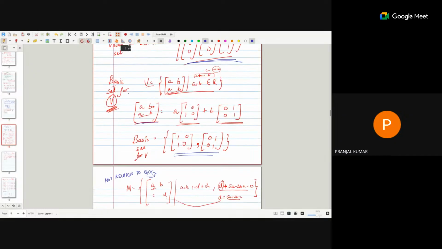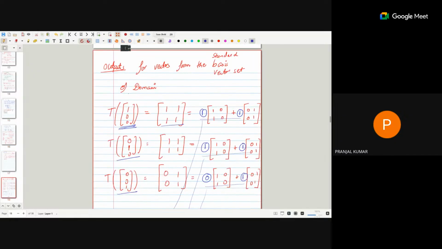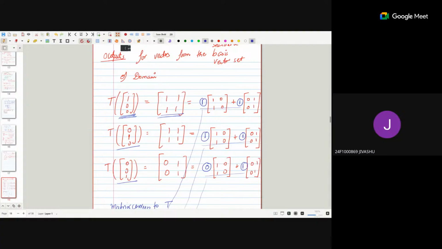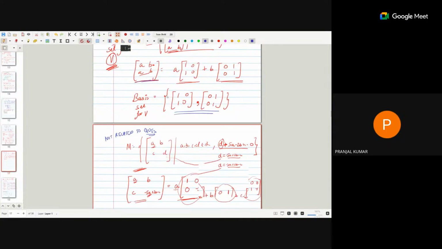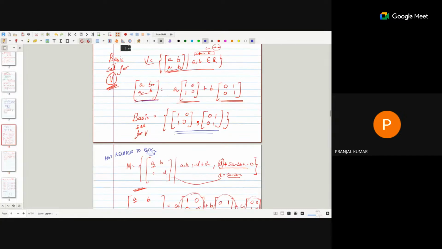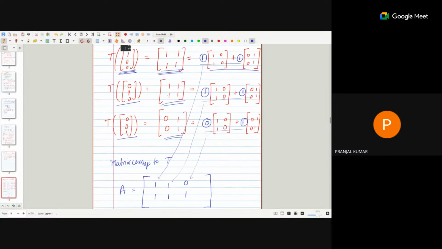Are you getting this? Okay. Yes, sir. These are the images. Now I am expressing these images as a linear combination of the basis vectors for the codomain. See, what we found for the codomain were these basis vectors 1 1 0 0 0 0 1 1. So I have expressed them here.